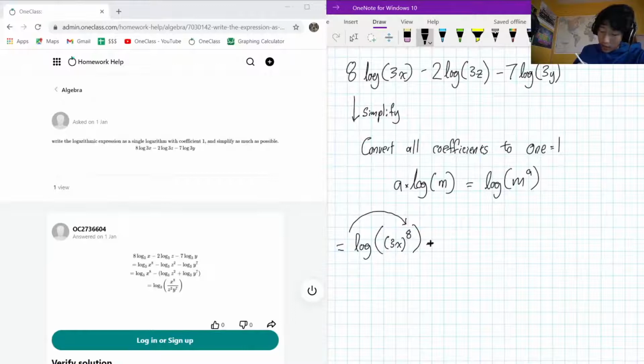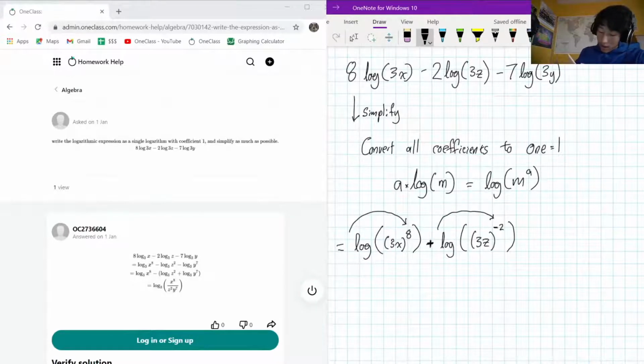Why? It will make things a lot easier. Otherwise, we're going to have multiple divisions. I guess the difficulty is about the same, but my preference is to convert everything to positive so that we just multiply it together. So in here we have 3z, and this is to the power of negative 2. Remember, I brought the negative there with it.